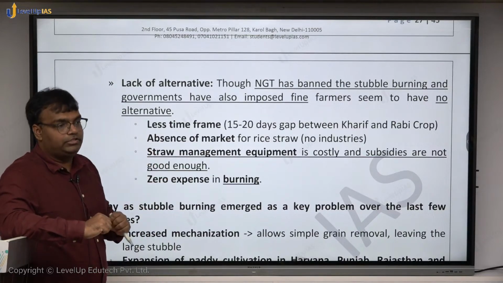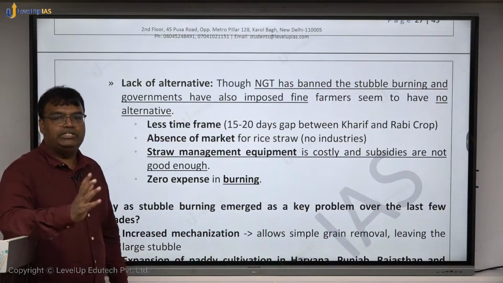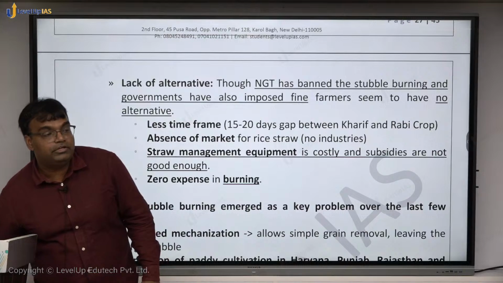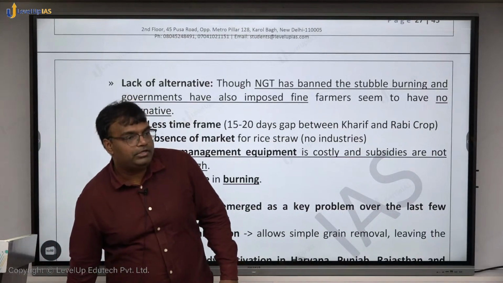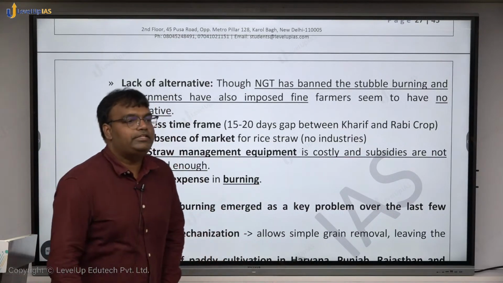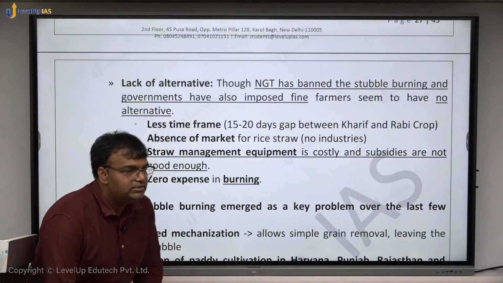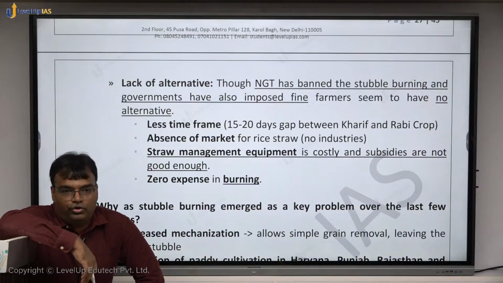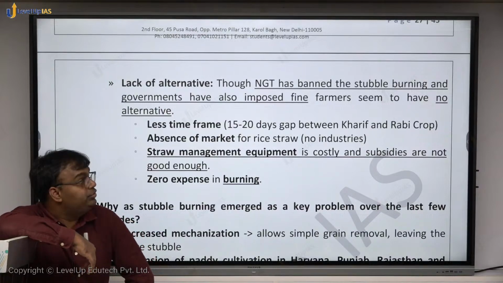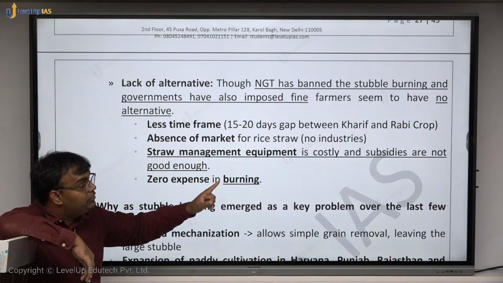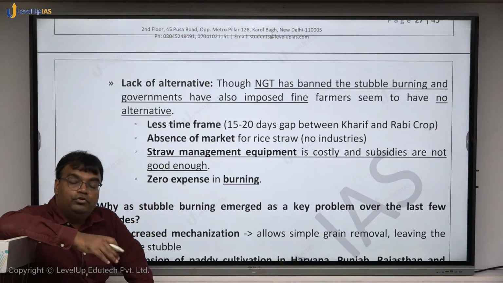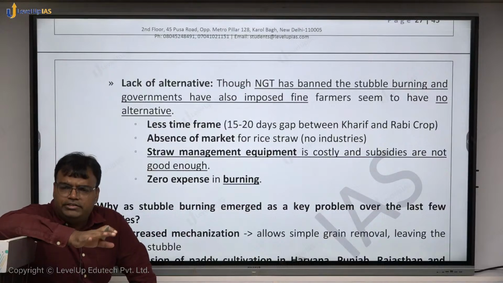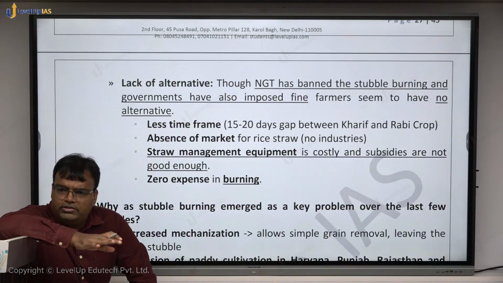Absence of market for rice straw. जो देखो wheat से जो straw बनता है या बाकी crop से जो straw बनता है ना, that is sometimes given as feed to animals, but rice straw animals में उनका acceptance कम है as feed, and thus demand for this straw is not there, causing problems, causing issues. Straw management equipment is costly and subsidies are not good enough. Government is giving 50% subsidy, but a small and marginal farmer, 86% of the land holdings in India are small and marginal.